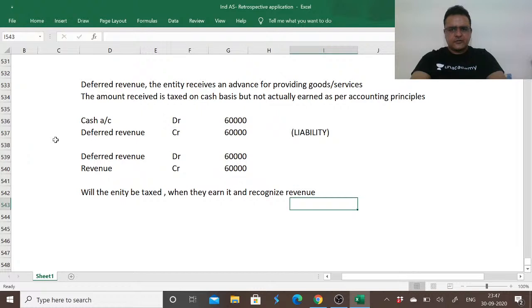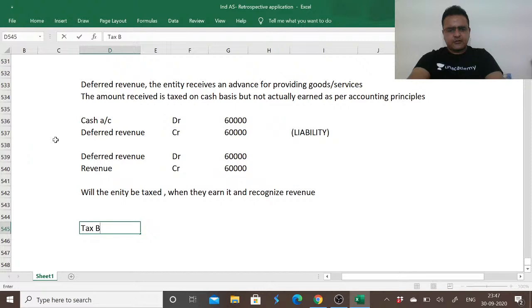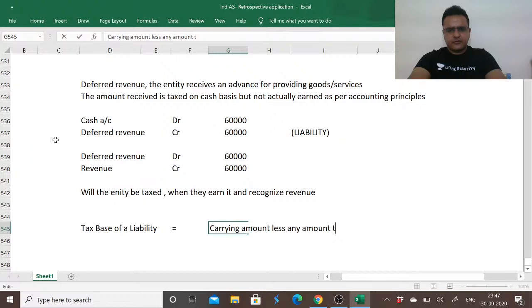So in this case, tax base of a liability will be carrying amount less any amount that will not be taxed in future.